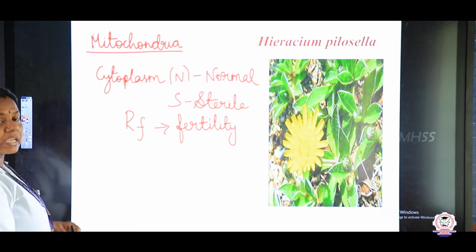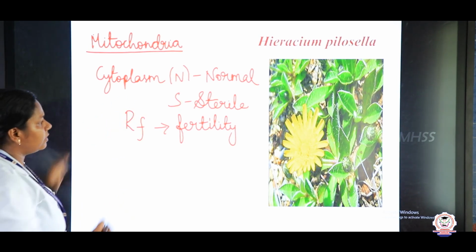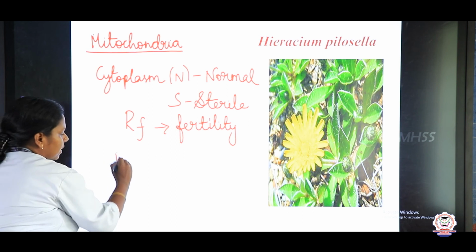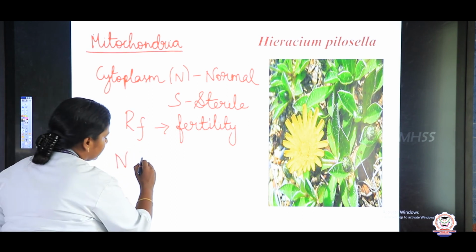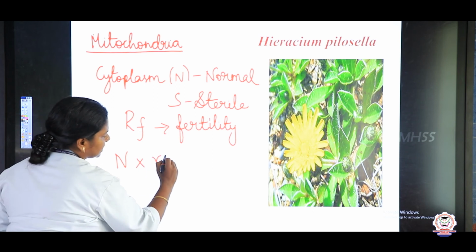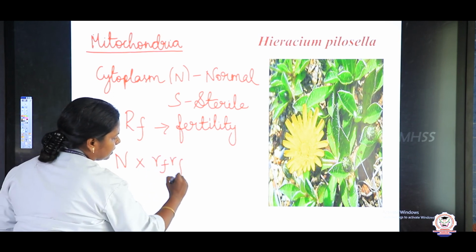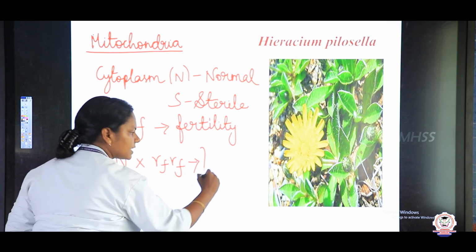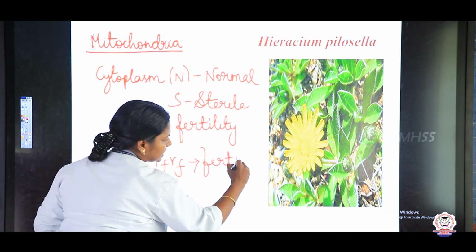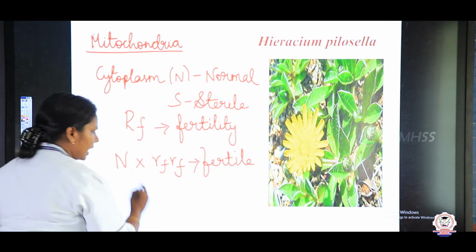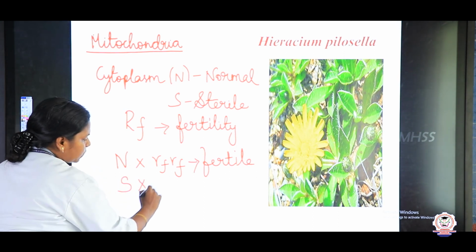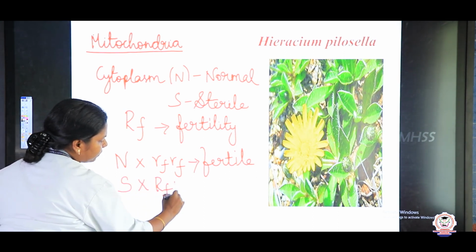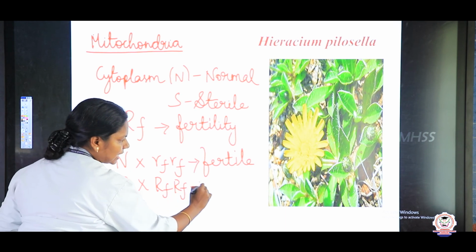So while crossing, he found out that when the normal cytoplasm is crossed with recessive, right, the generation is fertile. The generation is fertile, and the sterile cytoplasm crossed with the fertility factor of the mitochondrion of the other plant.